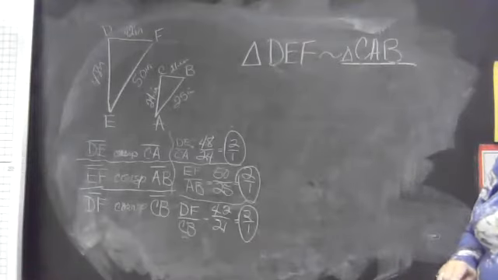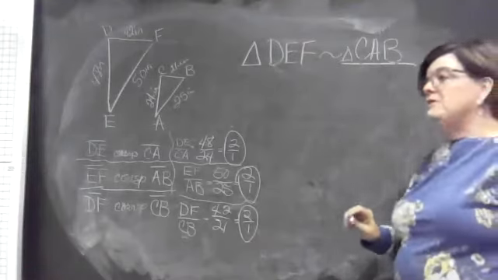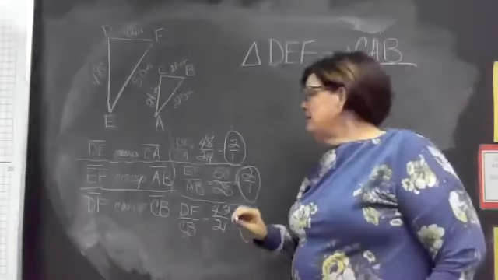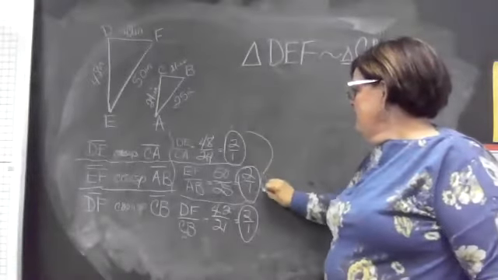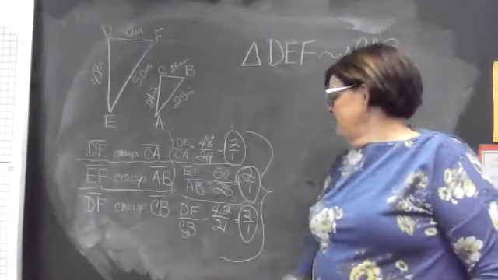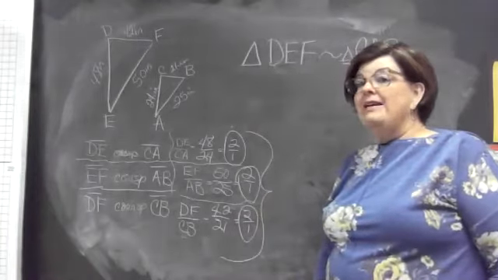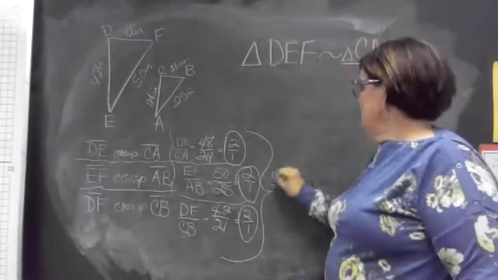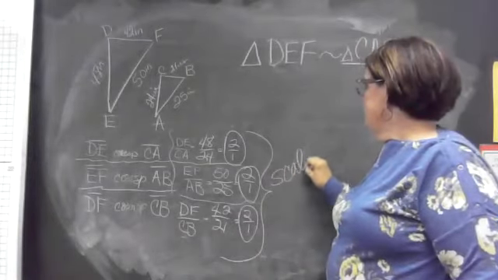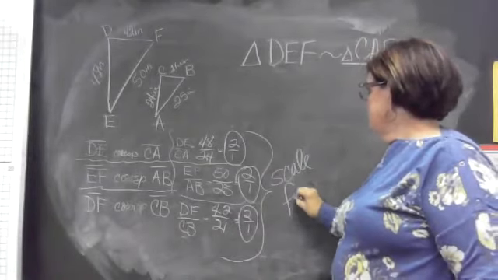Okay, and if we go back, because I like to plug this in, this number right here, this ratio, is the scale factor. We'll be finding the scale factor in our next section.